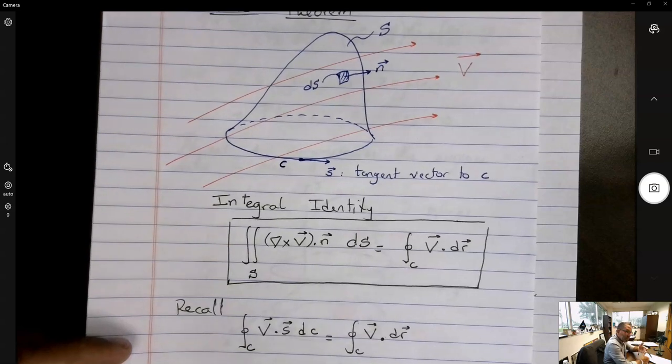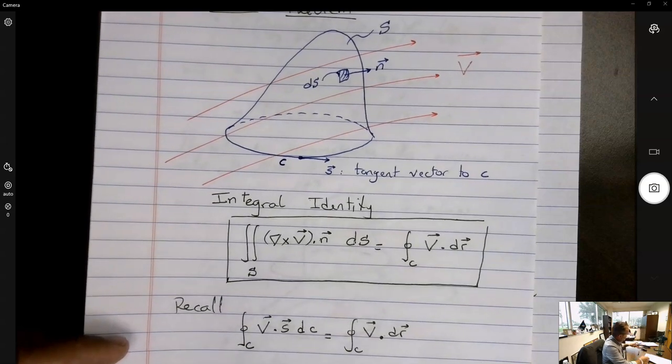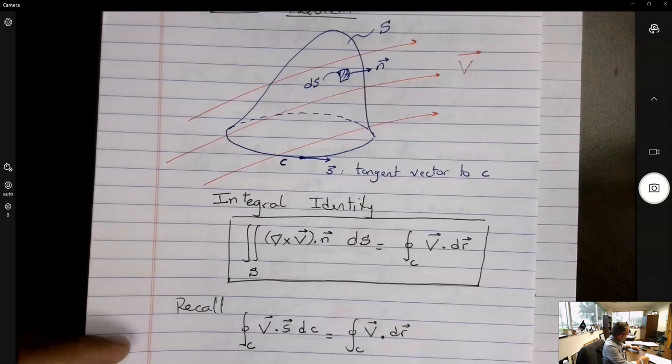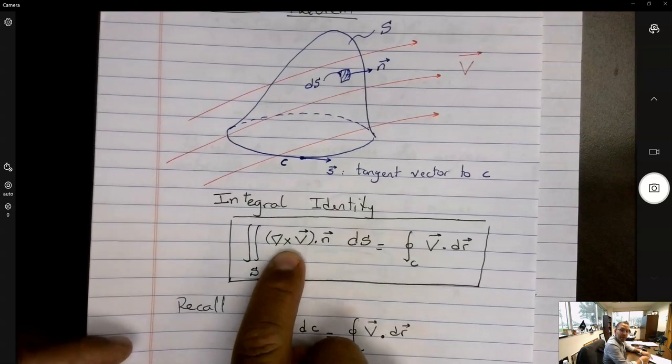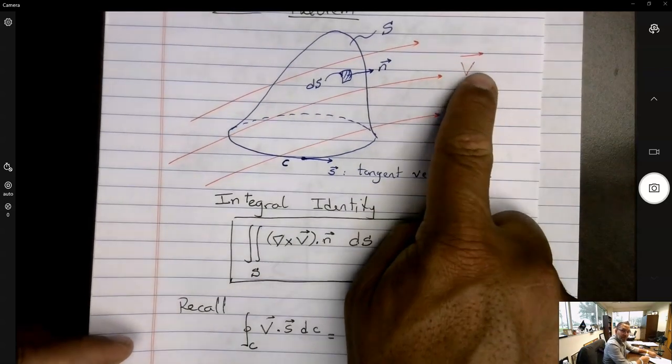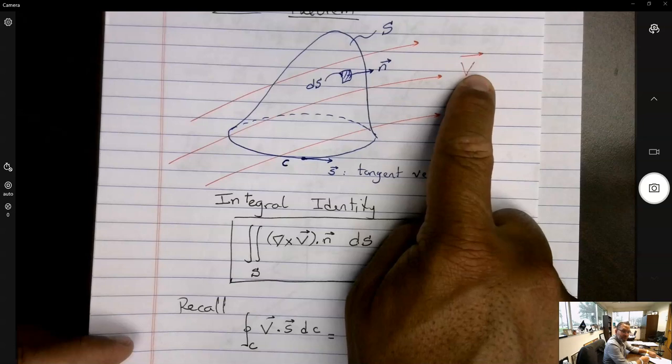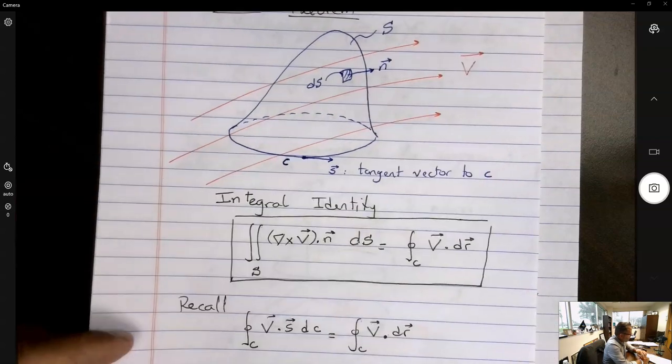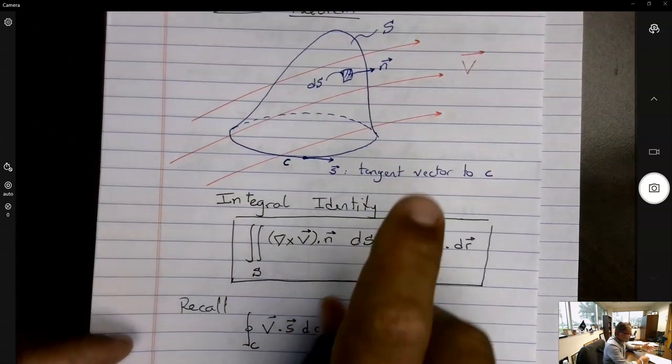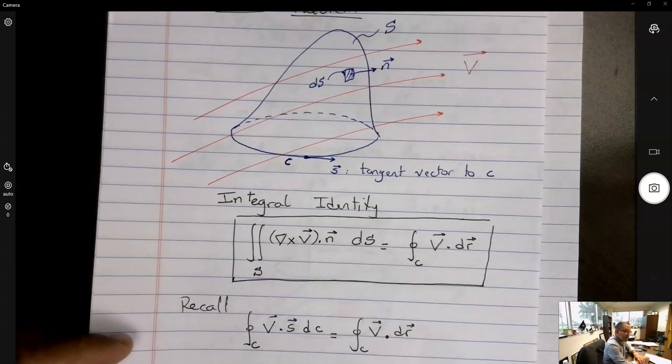That's how we physically interpret the curl. So imagine this vector field is a velocity. It's a flow field. It can be force, it can be energy, it can be anything, but let's just imagine it's a velocity field.